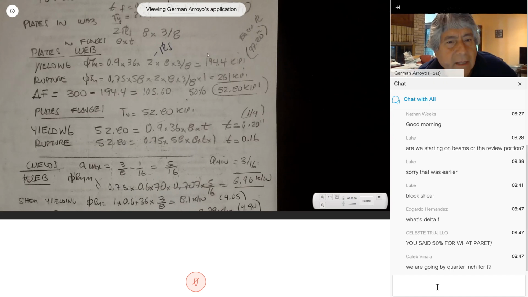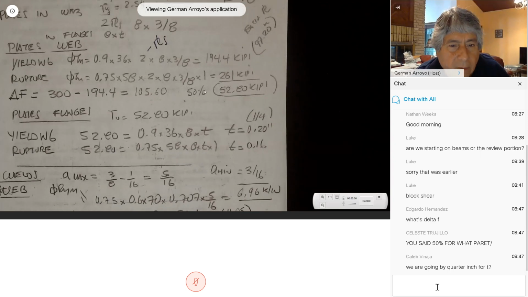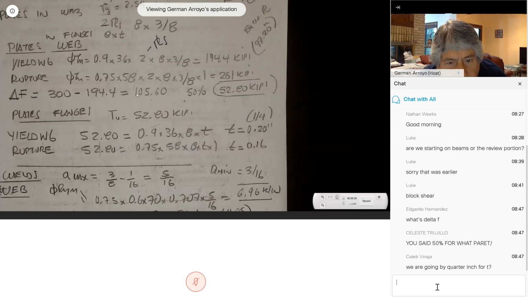So I decided, what is the load that's going to go to the flanges? The total minus 194.4, 105.6. Then there are 2 plates, one at the top, one at the bottom. Each one of these plates is going to take 50% of the load, 52.80.